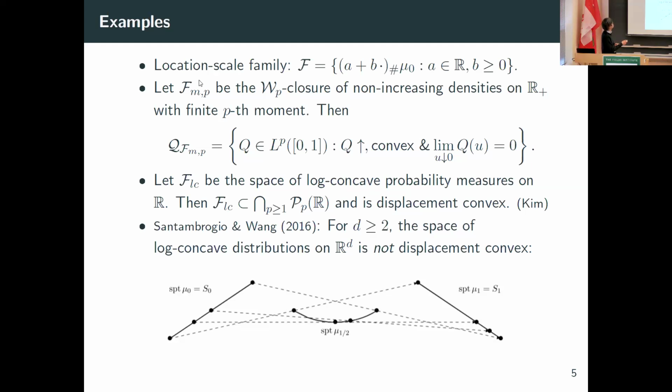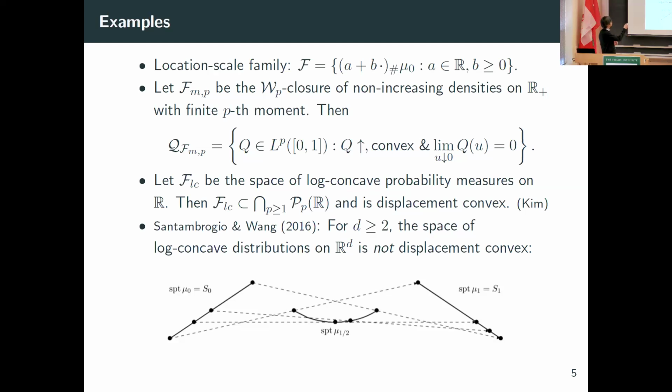It turns out that if you consider the closure of these densities, then the corresponding quantile functions are non-decreasing, convex, and such that the limit when the quantile probability goes to 0 is equal to 0. This ensures that the density starts at 0.